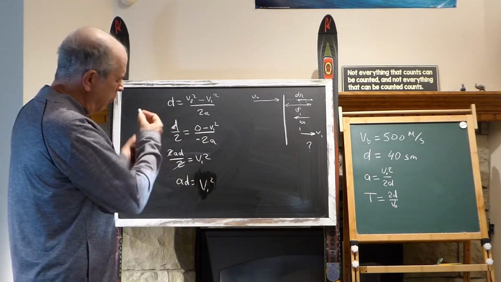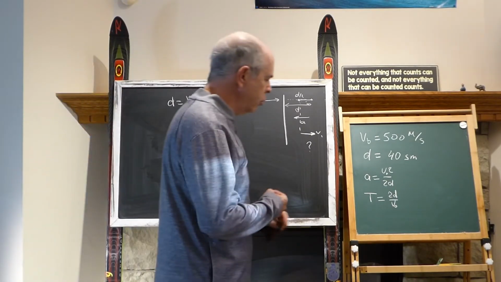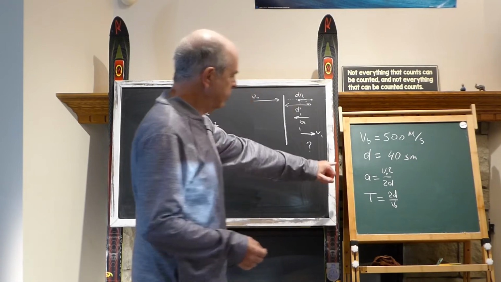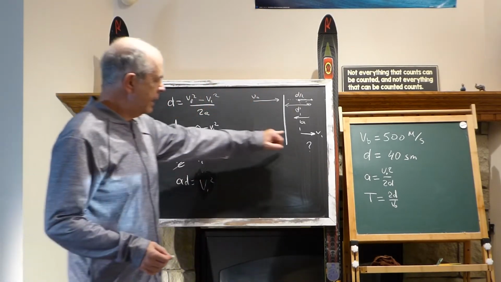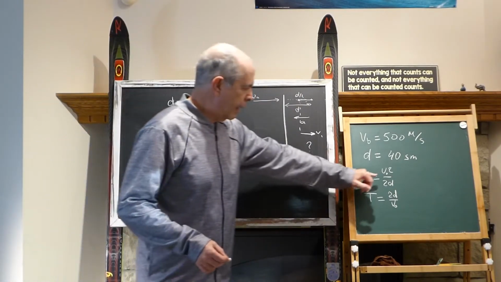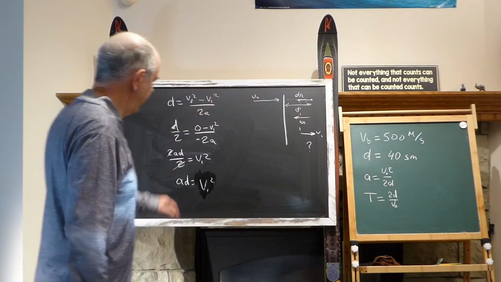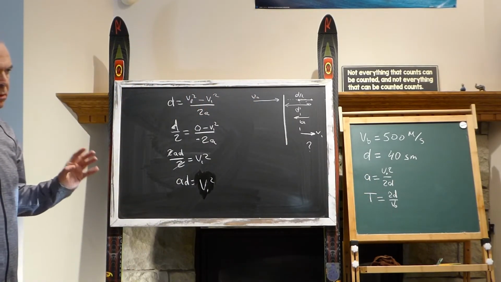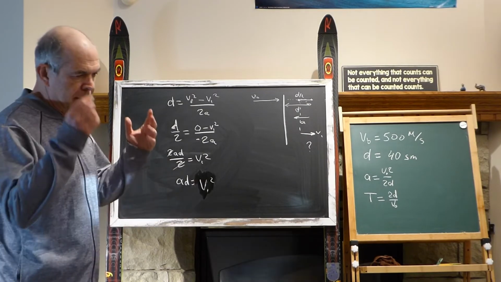Okay, and before even extracting the square root, you probably would be tempted to put this d, 40 centimeters, and to put this a that you found here, those numbers, and then extract the square root.